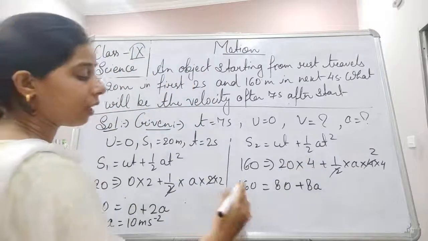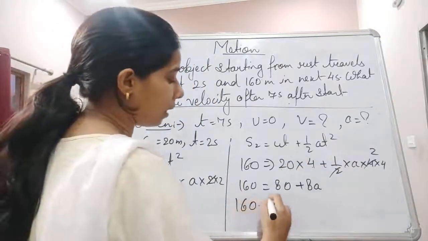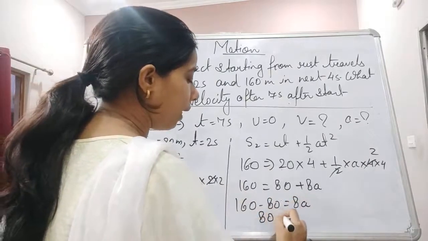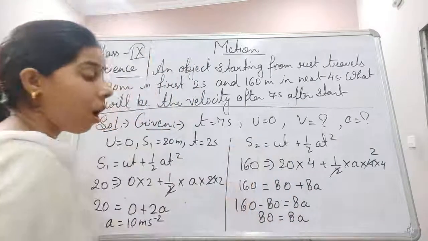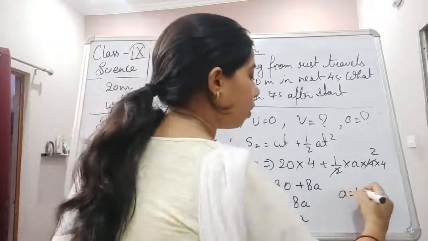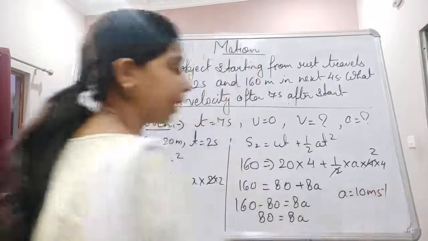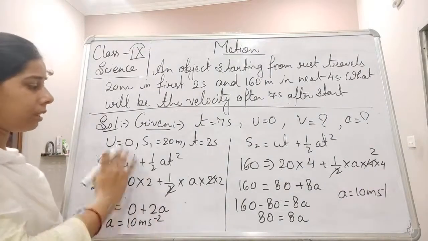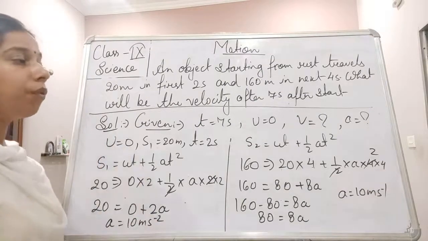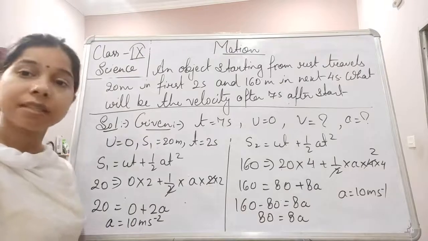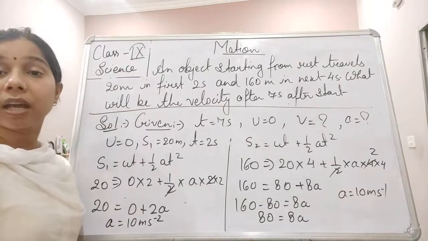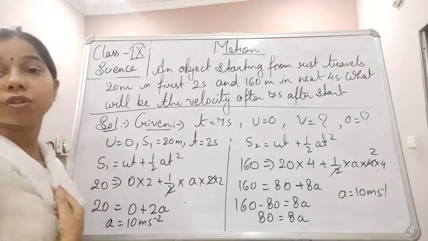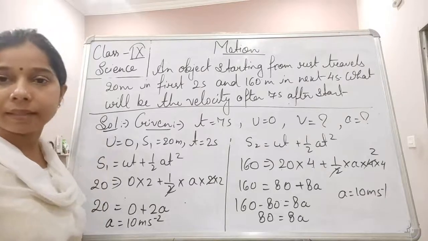Now this 80 comes to this side, and 160 minus 80 is equals to 8a. It will be 80 is equals to 8a, or a will be equals to 10 meter per second square. You can see here that in both the cases, whether it is S1 or S2, the acceleration is 10 meter per second square, which is a proof that acceleration is constant. Okay.